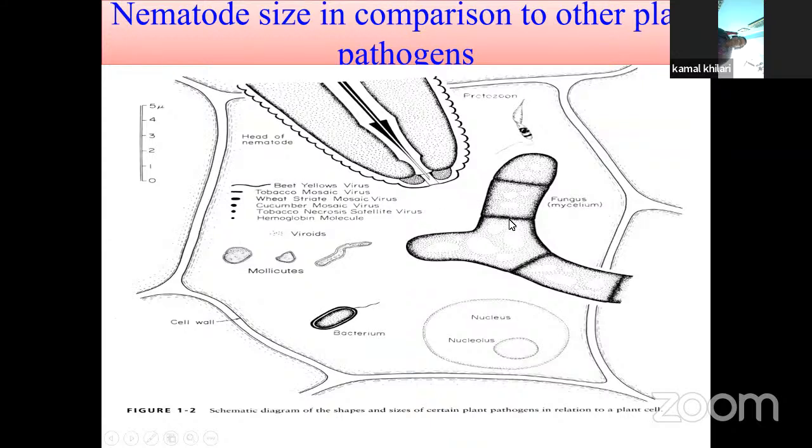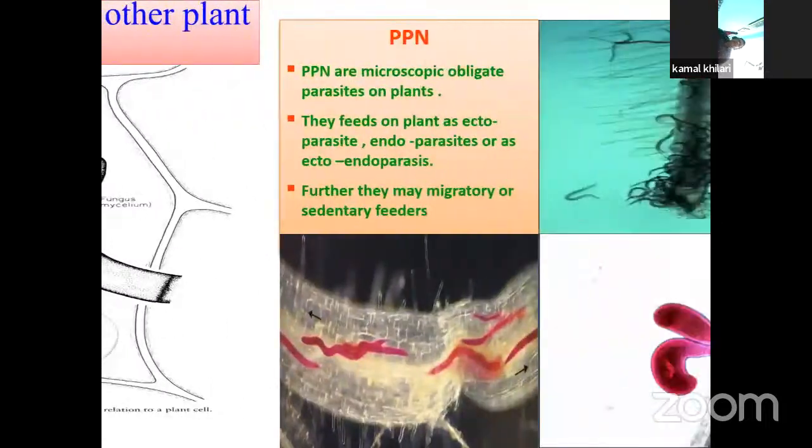This is fungi, this is nematode, this is protozoa, virus, and then molecule and virus. Among all these pathogens, the nematode size is larger than the others. The second is fungi, then bacteria. So this slide simply presents the comparison of different pathogens.